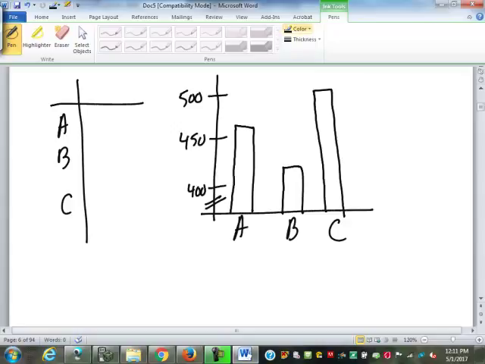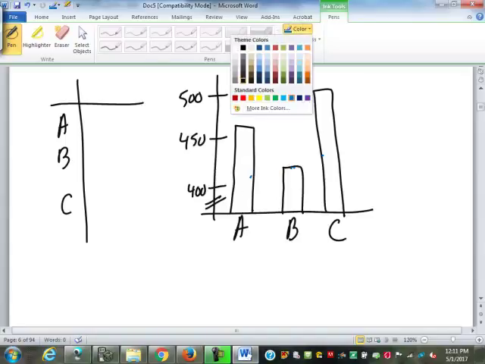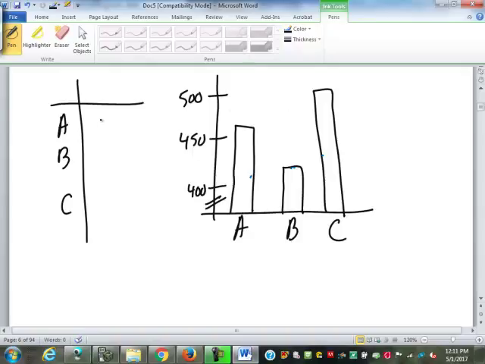Looks something like that. Well, looking at this, it appears as though hospital A has twice as many patients as B. And the hospital C has 3 times as many patients as B. But in reality, the numbers here, hospital A is 462, B is 423, and C is 508.